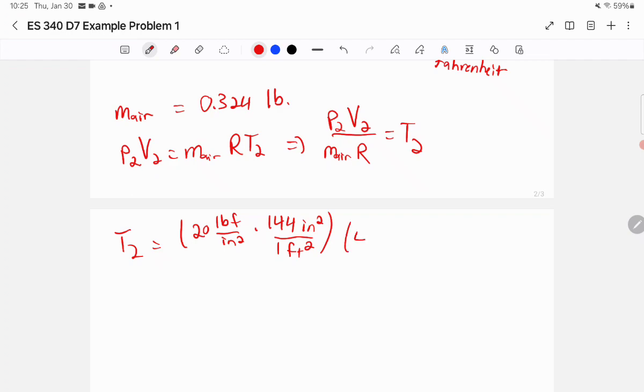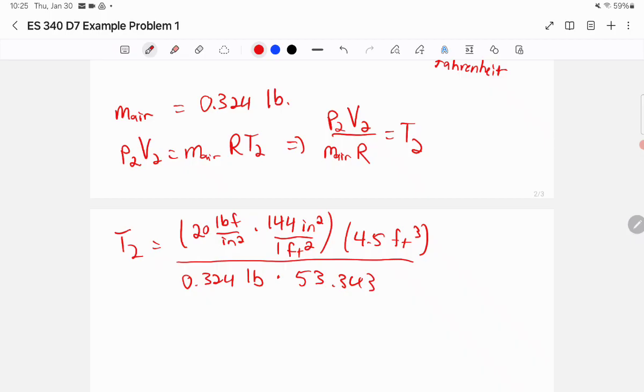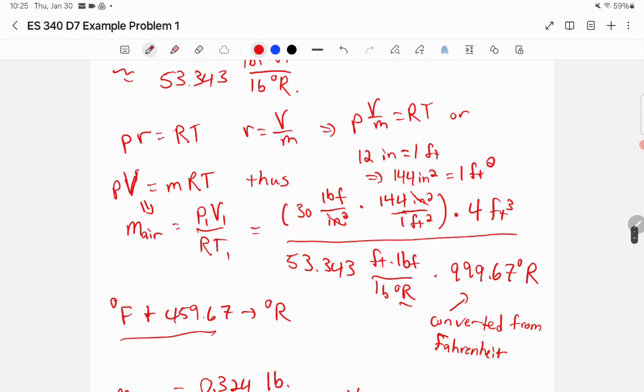That conversion times 4.5 feet cubed divided by 0.324 pound. That's my mass of air times my R value, which is 53.343. I just have to remind myself of the units here.